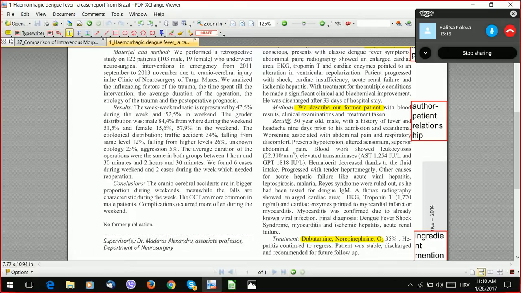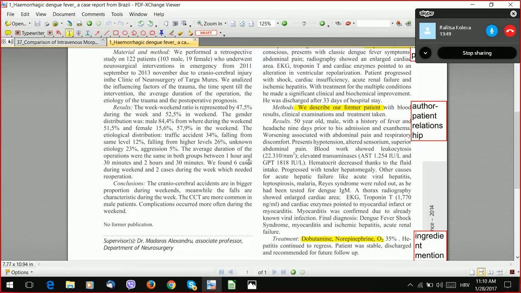So this is a confirmation that the authors who wrote, or the author who wrote this article, was actually the treating doctor of the patient discussed in the article. And author-patient relationship is usually recognizable from phrases like these: we describe our former patient, we describe a patient of ours, a patient came to our hospital, or we conducted a study, or a patient was referred to us, and so on.